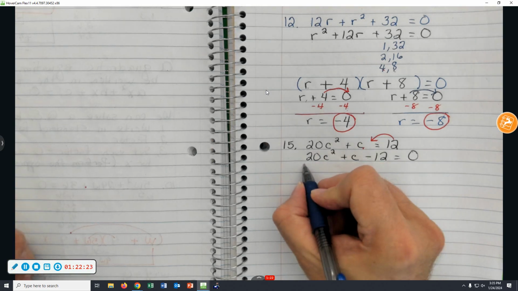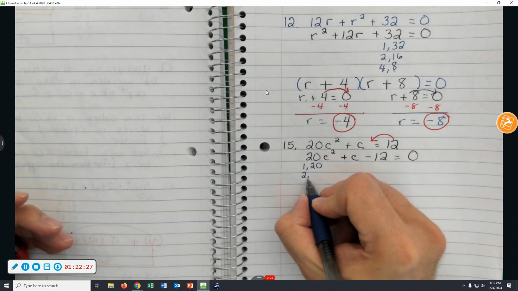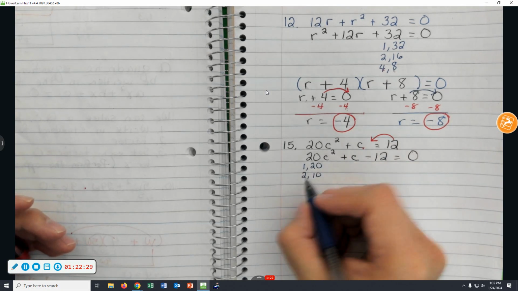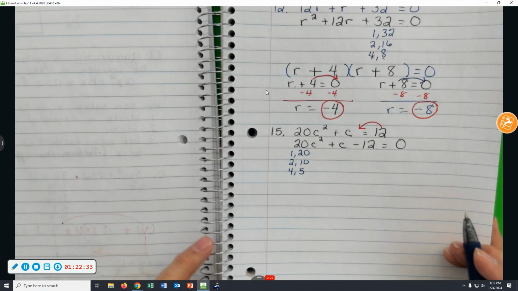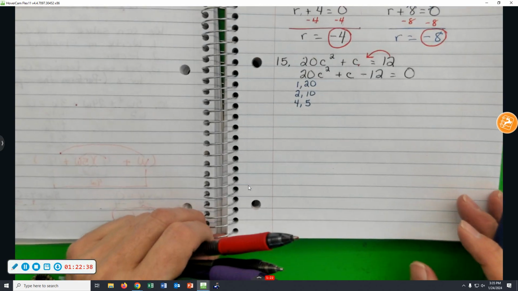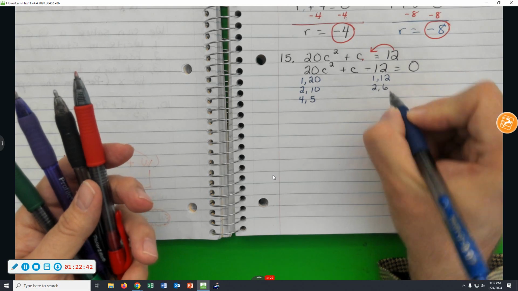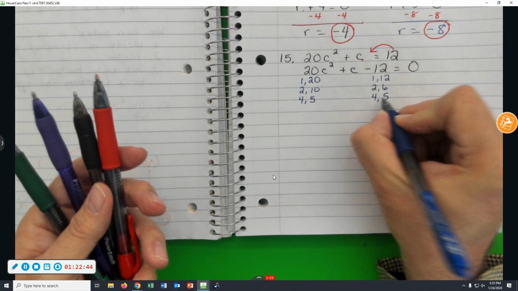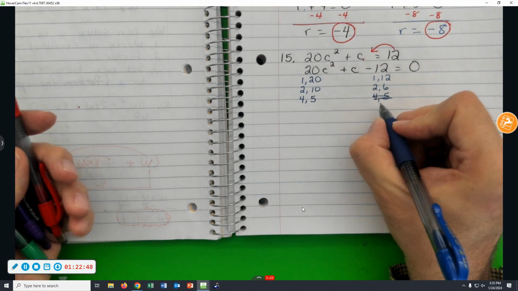Okay, so I'll write up numbers that multiply together to give 20: 1 times 20, 2 times 10, 4 times 5. Write up numbers that multiply together to give 12: 1 times 12, 2 times 6, 3 times 4.